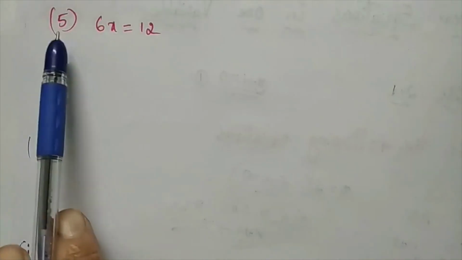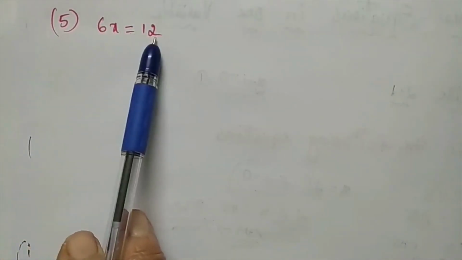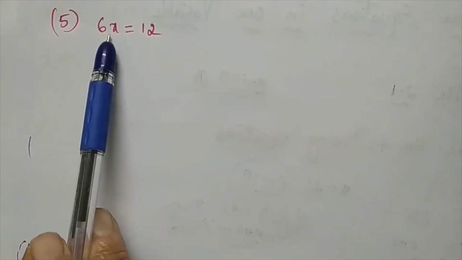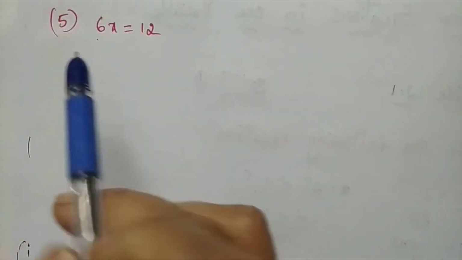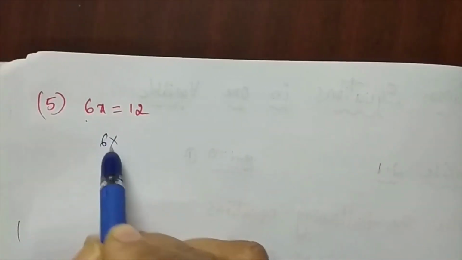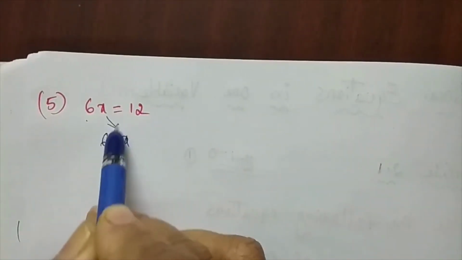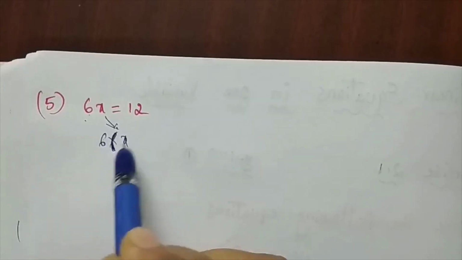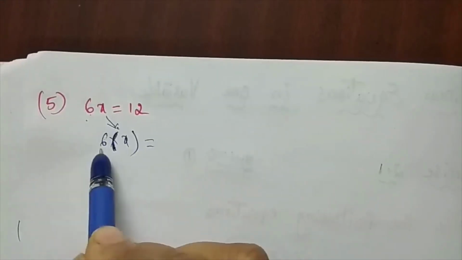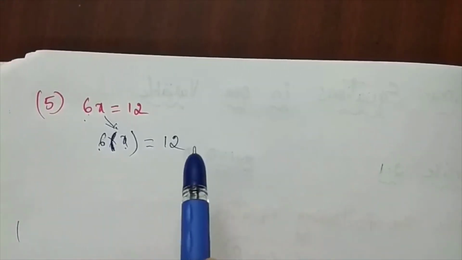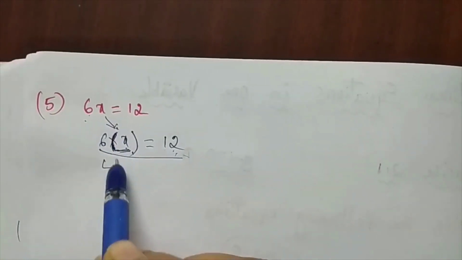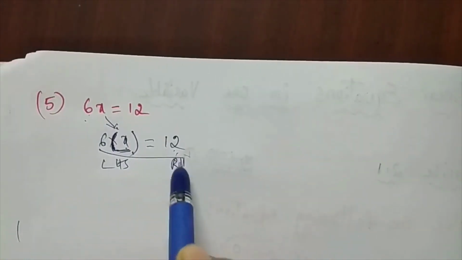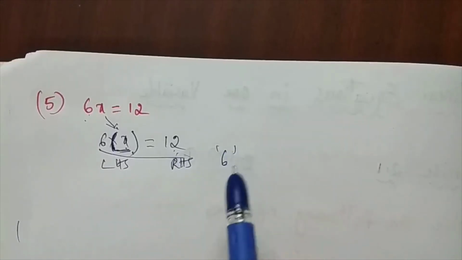Let's see the fifth one. 6x is equal to 12. Here we have to find the value of x. Here 6 is multiplying x. So we can write this as 6 into x, multiplication. 6 into x is equal to 12. To find the value of x, we can divide LHS and RHS by 6.